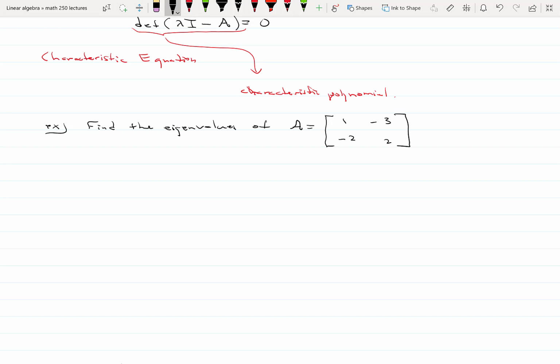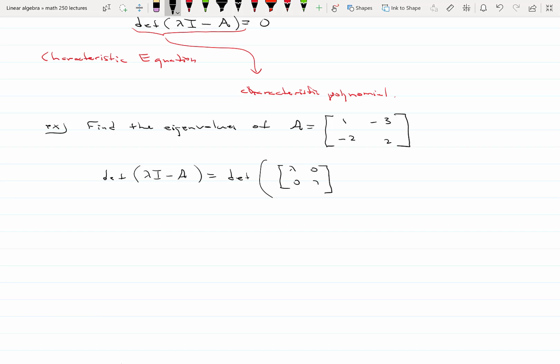So how do we find the eigenvalues of a given matrix? We set up the characteristic equation, and that is the determinant of lambda I minus A. So let's do that. We want the determinant of lambda I minus A. Well, that's nothing more than the determinant of lambda times the 2 by 2 identity matrix.